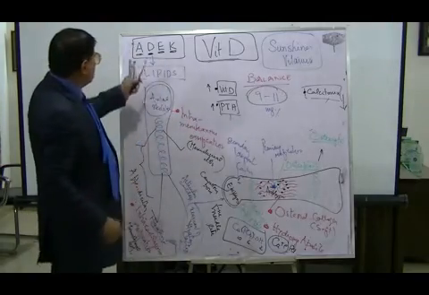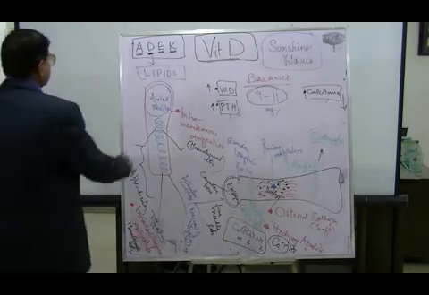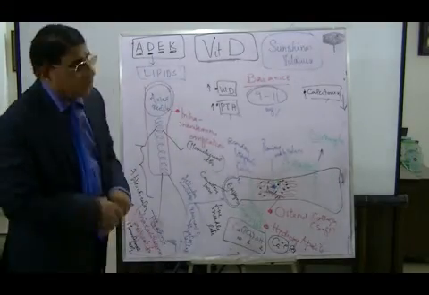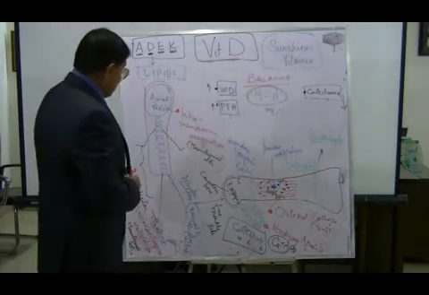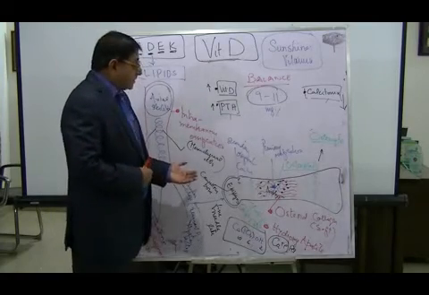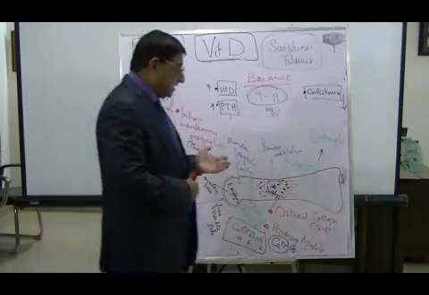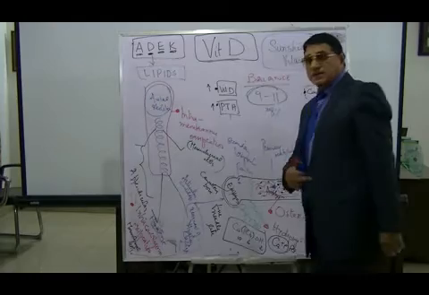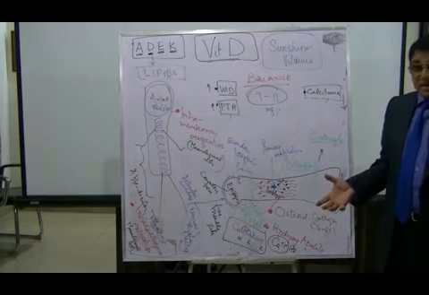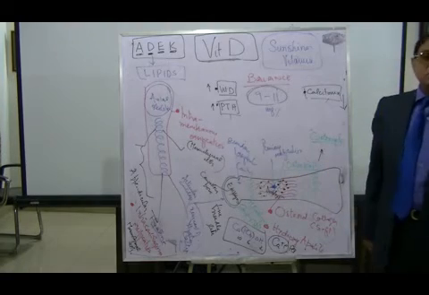So if there is deficiency of vitamin D in the diet, or the patient is not taking any lipids, or the lipids are being taken but not being absorbed, or there is obstruction to bile salts, then vitamin D is not being absorbed, and there is relative deficiency of vitamin D, and the bone formation is disturbed.